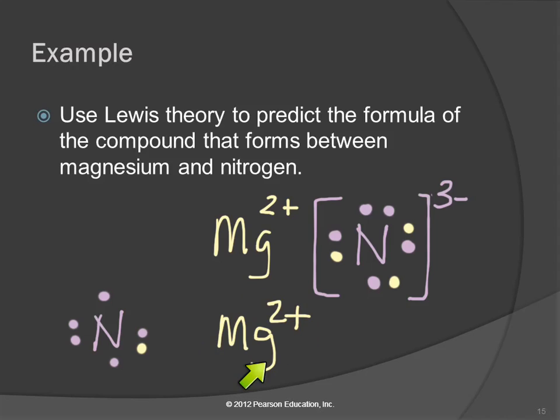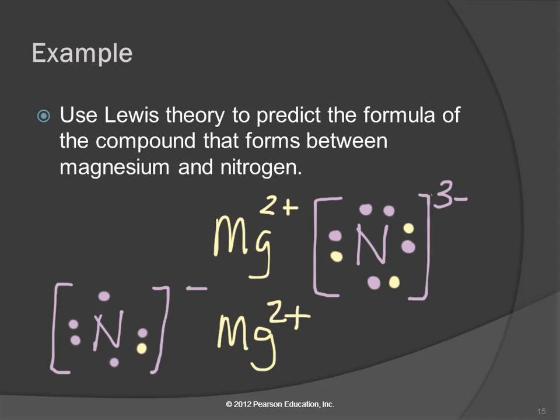And now this magnesium ion is happy. How about this nitrogen ion? Not so much. We need some brackets on him because he's got a charge now. He gained 1 electron. He's got a -1 charge, but he's not done yet. He's going to look for someone to give him electrons.